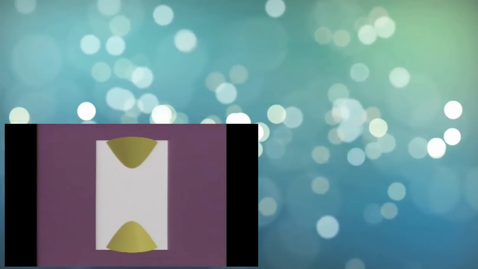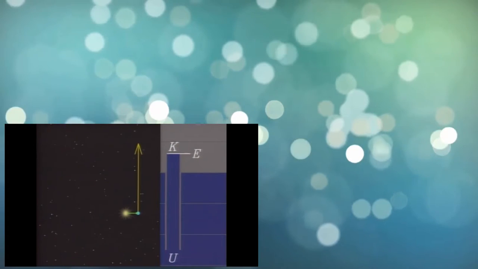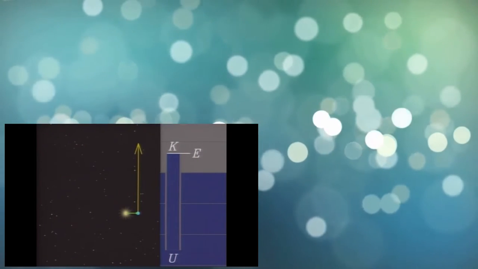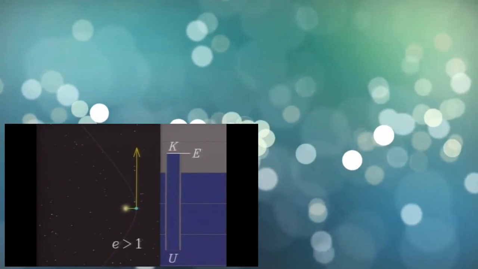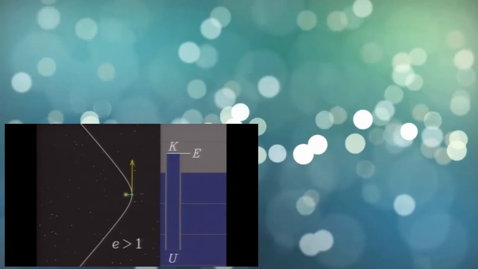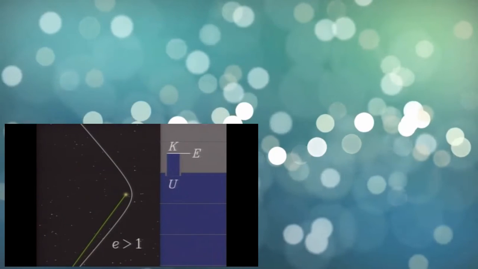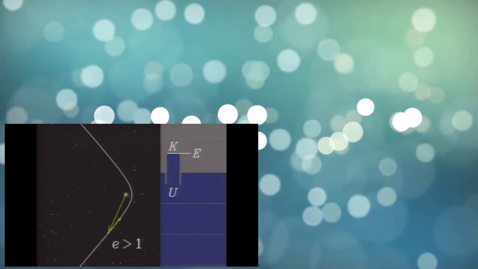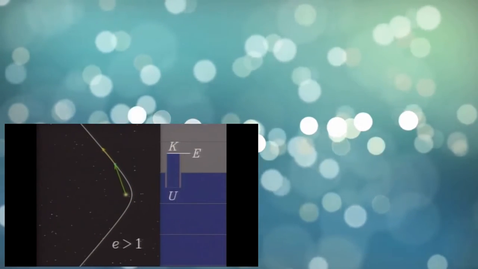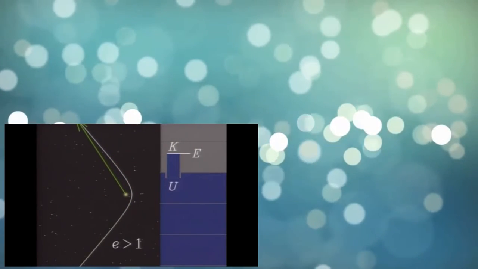The hyperbola. When the total energy is positive and the eccentricity is greater than 1, the orbit is a hyperbola. If an object were shot toward the sun from very far away, its positive kinetic energy would overcome its negative potential energy.